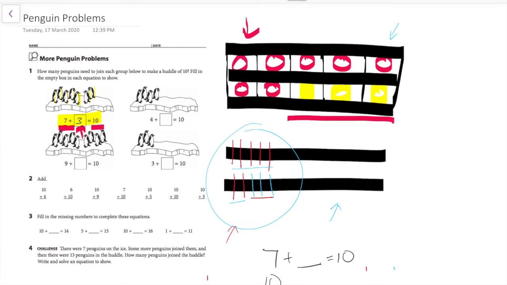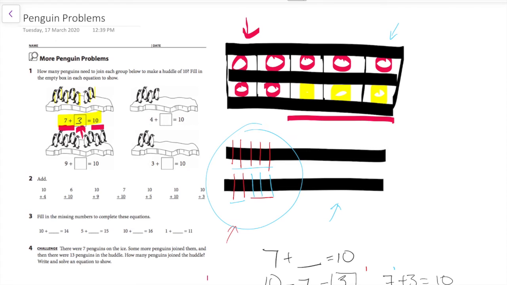So we might have to go 10 minus 7 equals 3, or maybe 10 minus 3 equals 7, or 7 plus 3 equals 10, or 3 plus 7 equals 10. So from here, we can then use the subtraction equation to find out what the missing numbers would be.